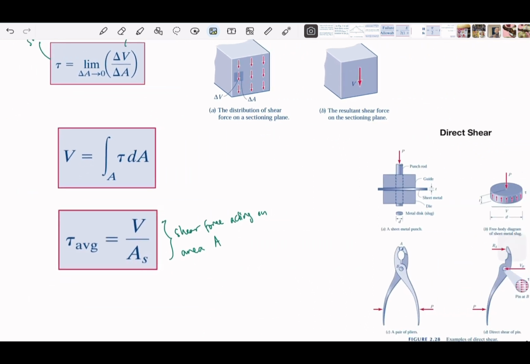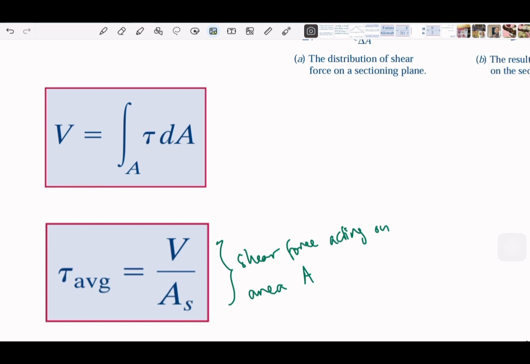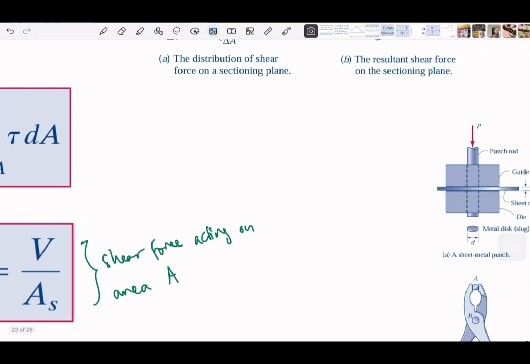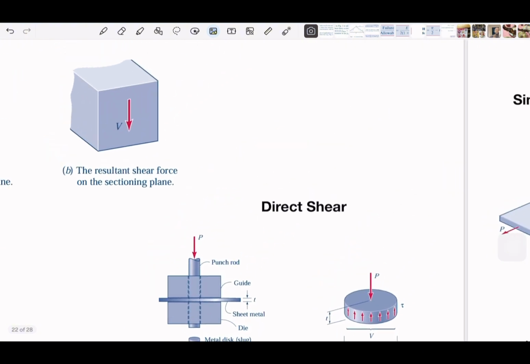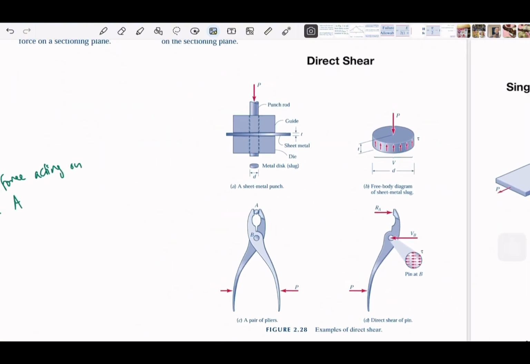And then we could also write it in different schematics, as the average shear stress acting on some surface area. After we deal with the formulations, we are dealing with what we call direct shear.